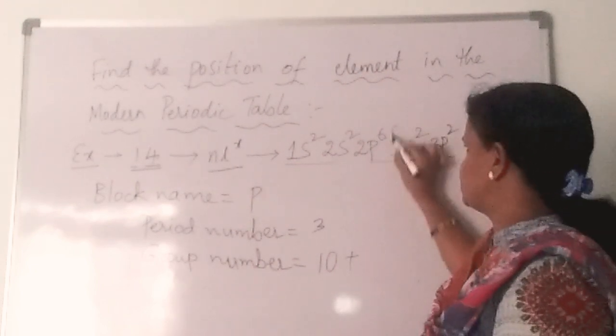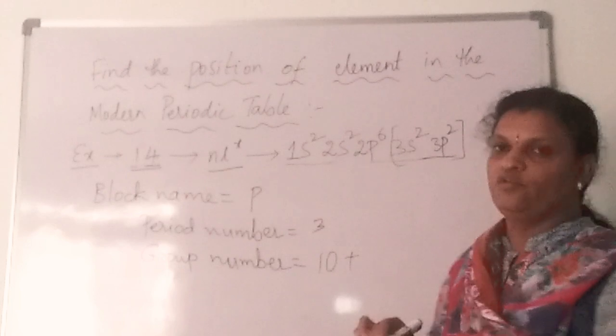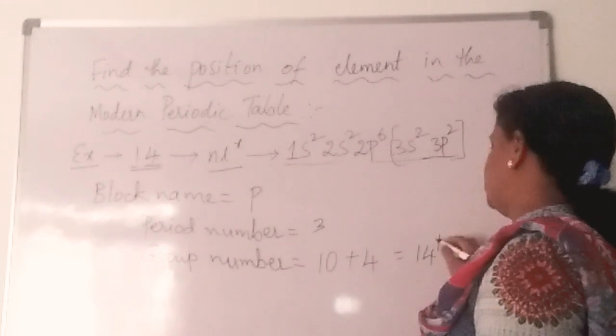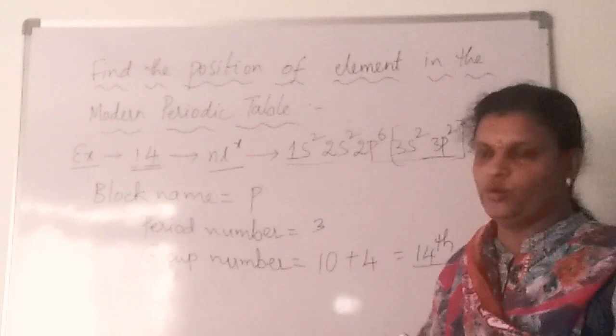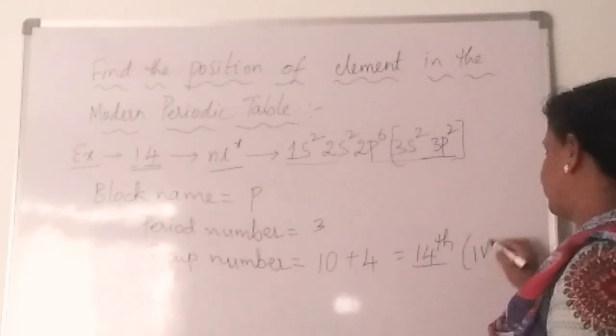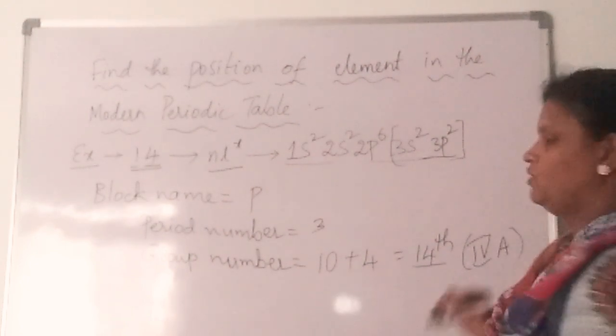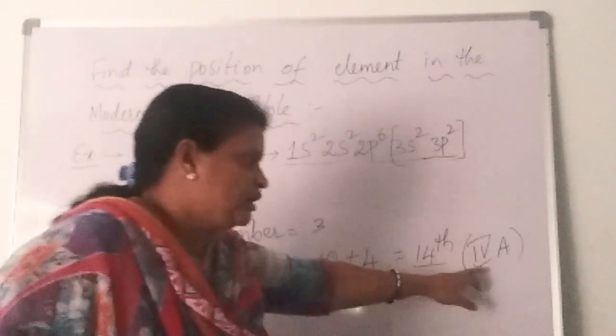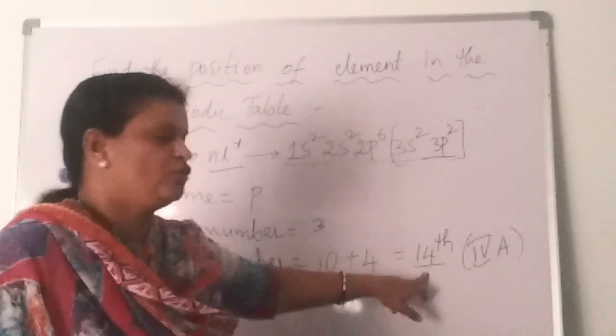How many electrons are present in the last shell totally? 4 electrons. So 10 plus 4, that becomes the 14th group. 14th group, otherwise in Roman numerals we can write 4A group. 14th group or 4A group.